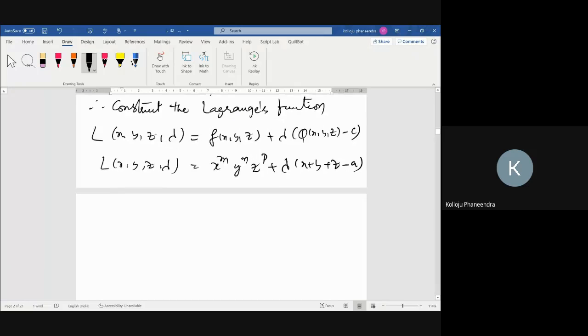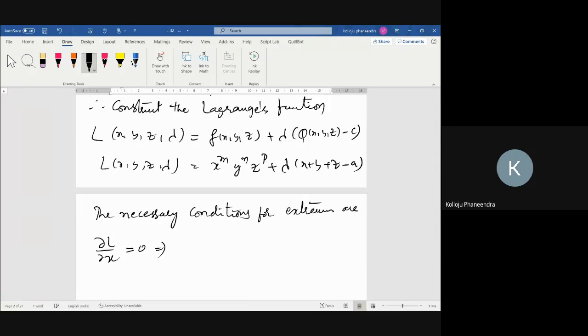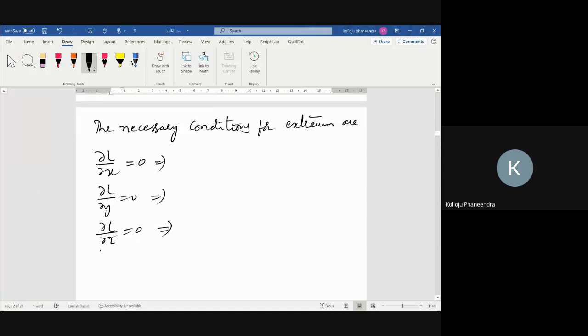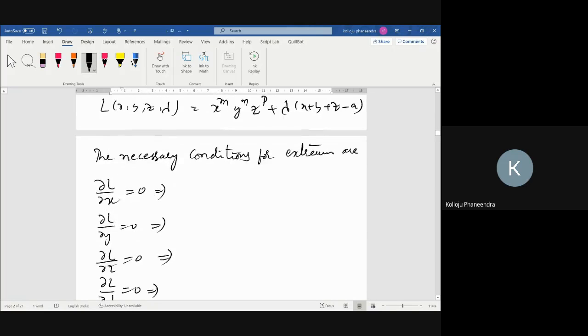Now, the necessary conditions for extremum are the same theory. Dou L by dou x equals 0, dou L by dou y equals 0, dou L by dou z equals 0, and lastly dou L by dou lambda equals 0.